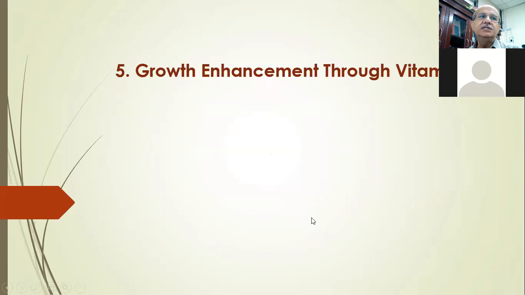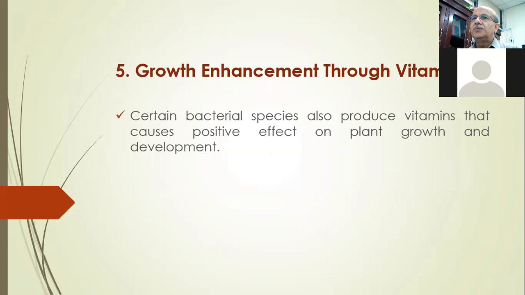Then another mechanism is growth enhancement through vitamins. Certain bacterial species produce certain vitamins that cause positive effect on plant growth and development. Vitamins, you know, even if human beings take vitamins, they can have beneficial effects.